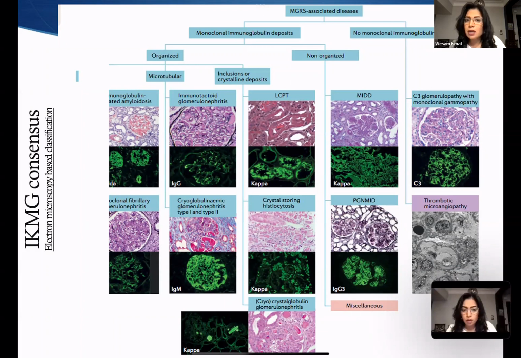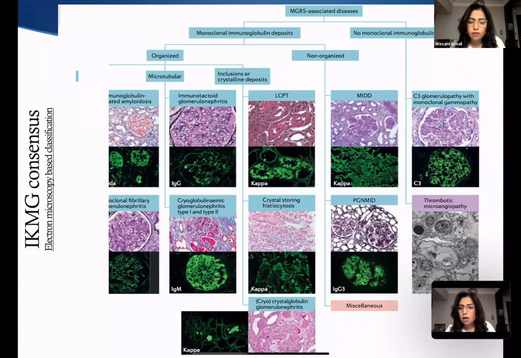Or it could be an indirect injury, meaning that you do have an affection of the kidney in relation to the light chains, but it's not caused by the direct deposits of the light chains, like C3 glomerulonephritis and thrombotic microangiopathy.